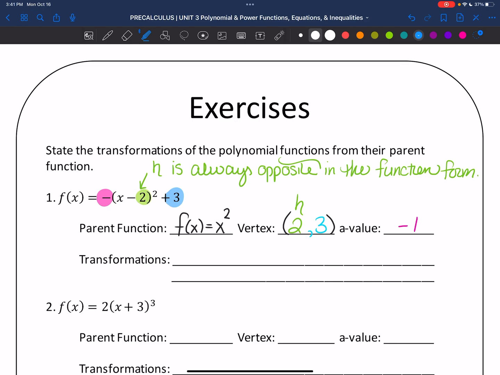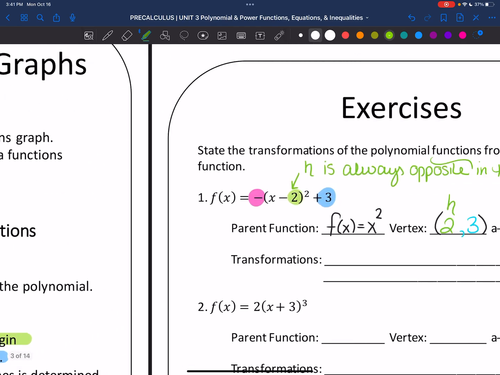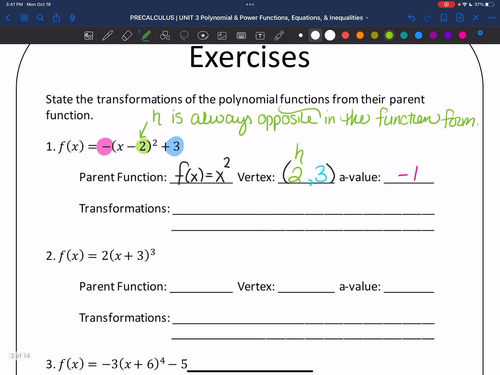Now, what transformations occur here? Well, because of that h value, which is 2, that's going to be the horizontal movement. It's going to move 2 units to the right.